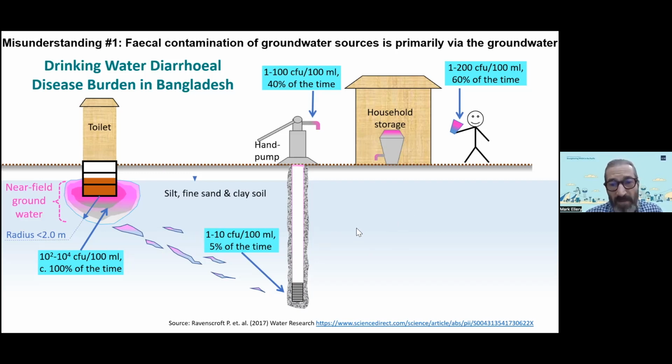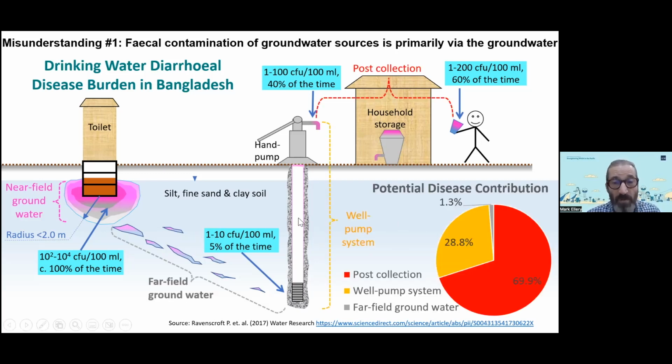What this study from Bangladesh shows is that only 1% of the risk to drinking water sources actually occurred through the groundwater. 99% was through surface contamination.